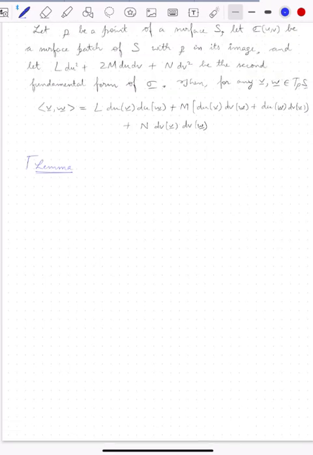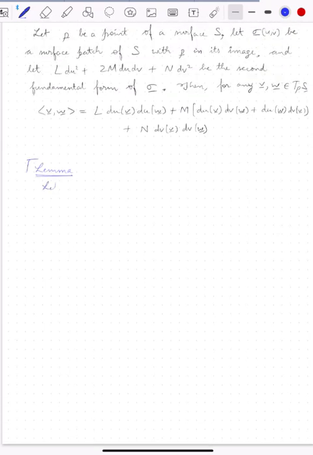The small lemma states: let sigma vector uv be a surface patch with standard unit normal n vector of u comma v.